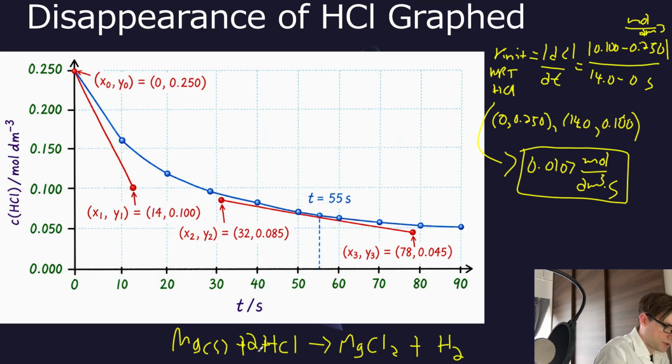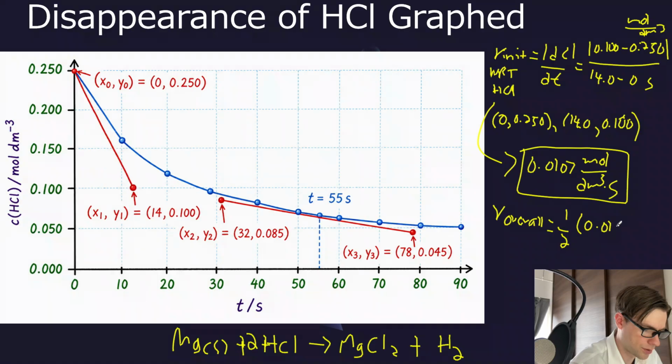And we had a 2 here, 2 HCl required. And that means the overall rate is equal to 1 over 2, the rate of HCl, which we just found, 0.0107.